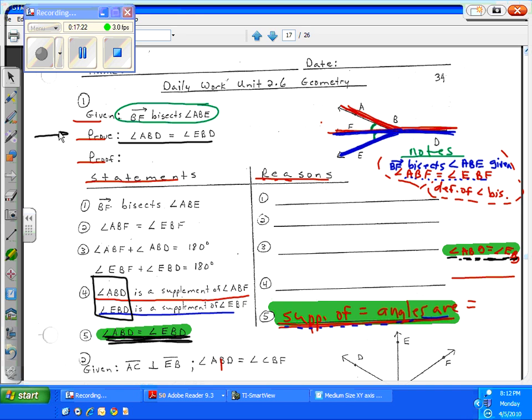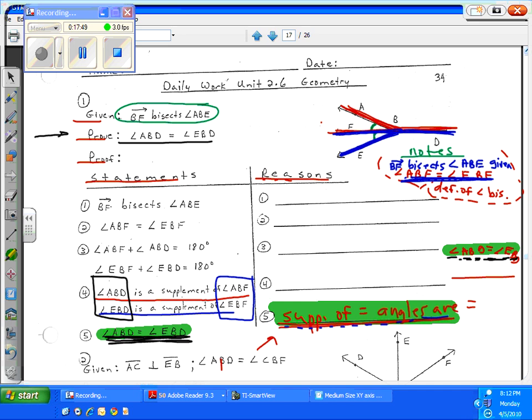But I got to have a reason for that. I can't just say it. Now, I'm not trying to prove this anymore. See, I already know that the angles I'm saying those are supplements of are equal. I've got that over here in my reasons in my notes section. See, that came from an angle bisector.